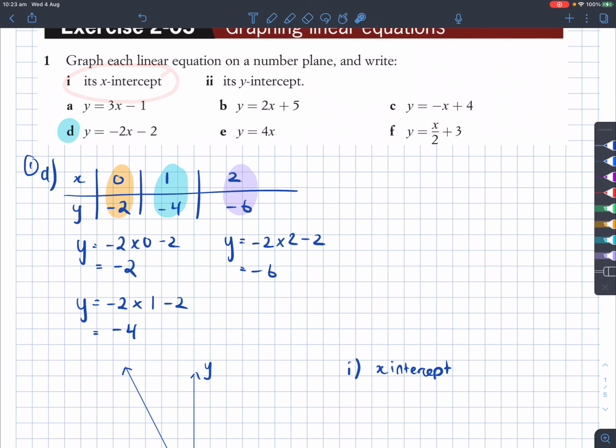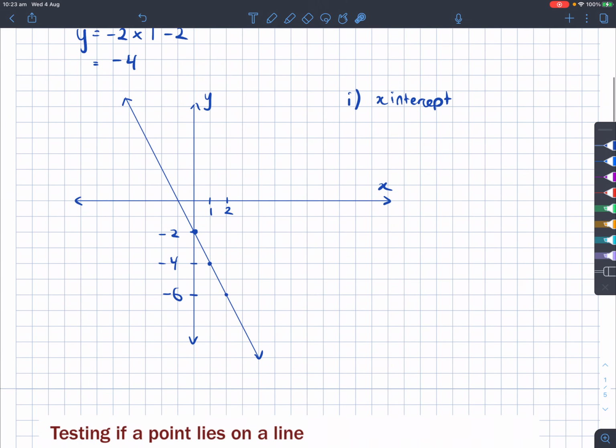Its x-intercept will be where it crosses the x-axis. So this is the x-axis, and our x-intercept will be right here. I'm going to put that in red, right there. And that point there is negative 1, 0, because we're going left by 1 and 0 up or down.